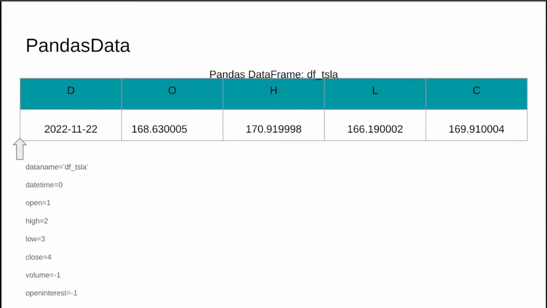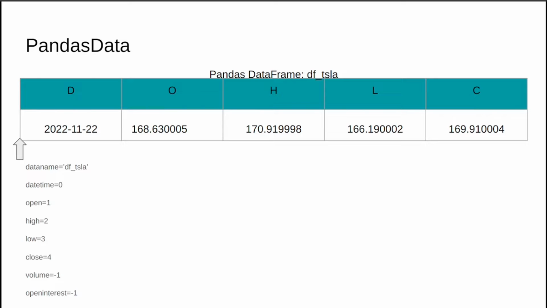Consider this conceptual example. We have a pandas data frame named df_Tesla. The D column is the date, and it has been already parsed into a datetime object. O is basically the open. H is the high, L is the low, and C is the close. This means we have to tell the data parser that this column, or column 0, is the datetime.